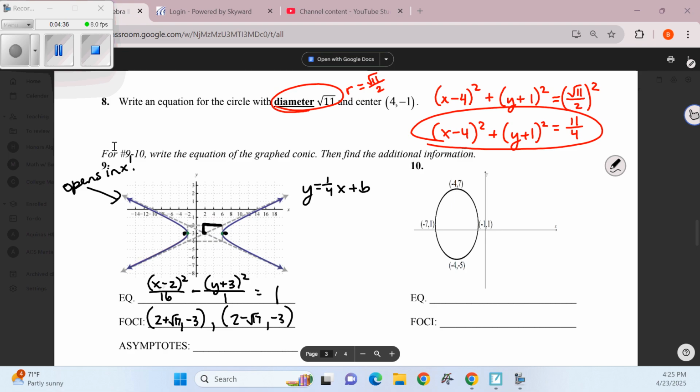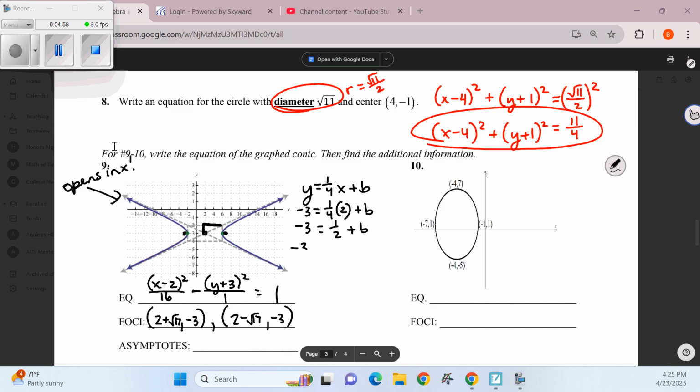So I do know for sure that the ordered pair 2, negative 3 is on this line. So negative 3 for y, 1/4 times 2 for x, plus b. This allows me to solve for b. So negative 3 is equal to 2 times 1/4 is 1/2 plus b. Subtract 1/2 over.